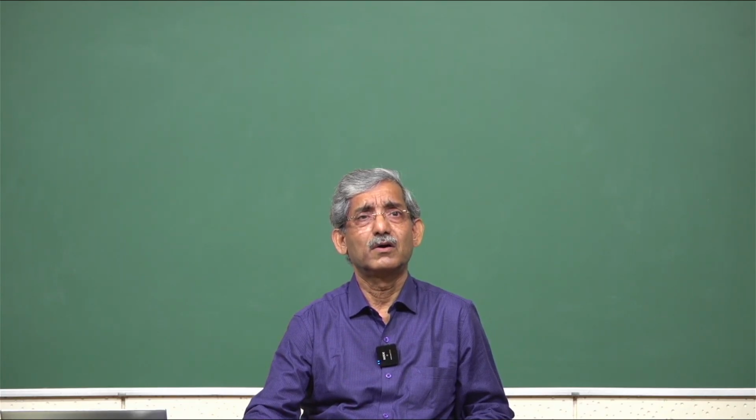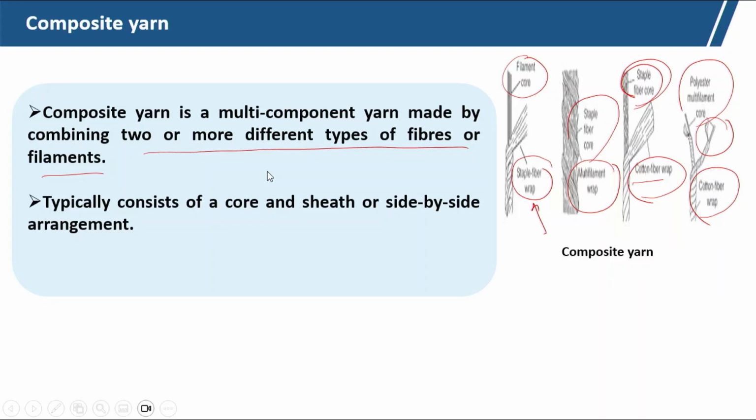They typically consist of core and sheath or side by side arrangement, and are designed to combine the advantages. So, the advantage of sheath fiber and the advantage of core fibers are there. So, we should design to use the advantages of both the fibers. Okay.